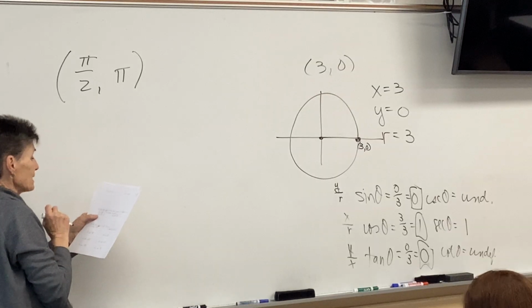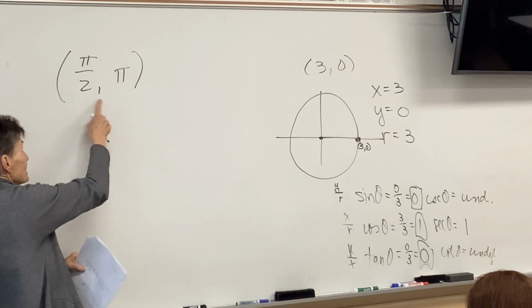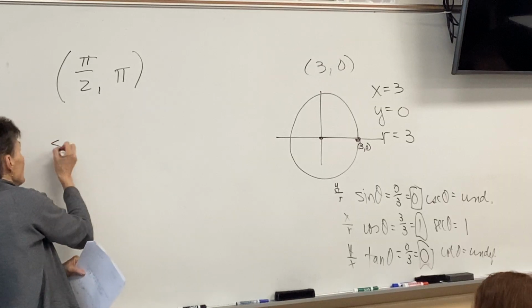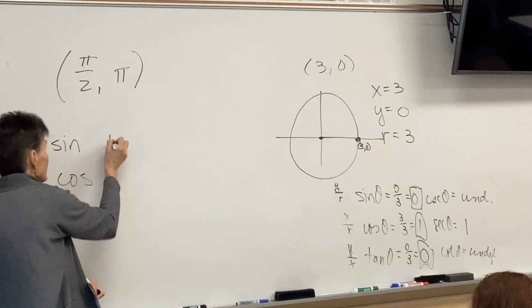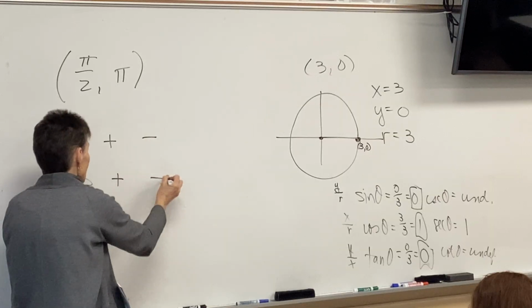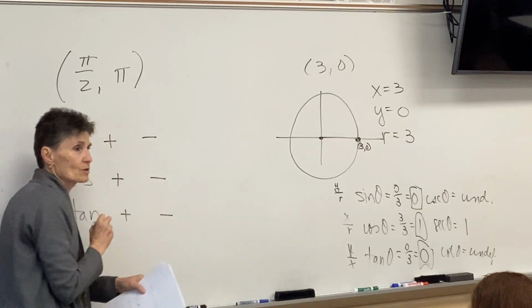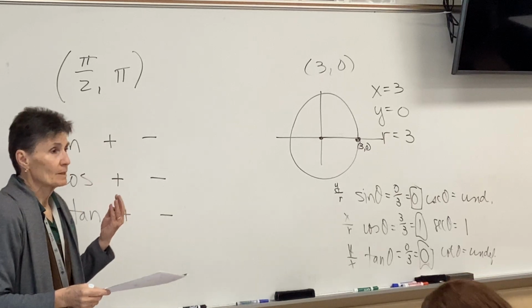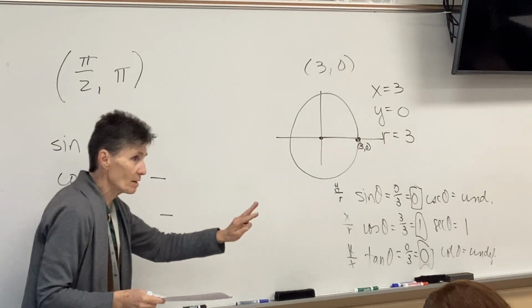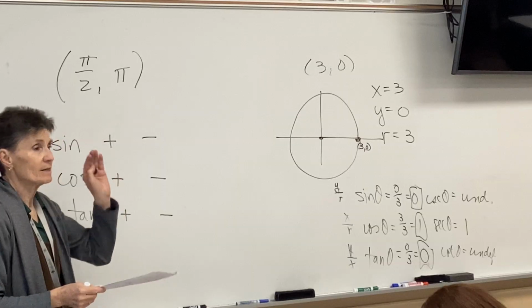And you are going to tell me if my angle is in that space, will my sine, cosine, and tangent be positive or negative? I'm going to circle the right answer. That's what you're determining. The answer won't be a number. The answer will be it's positive or it's negative.